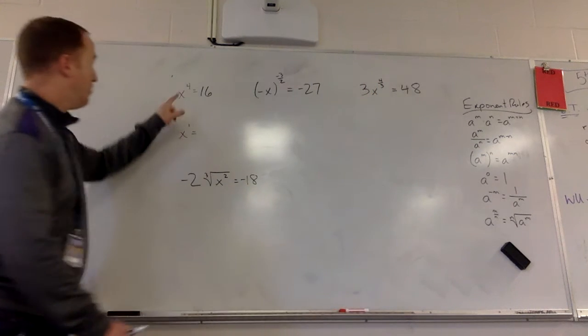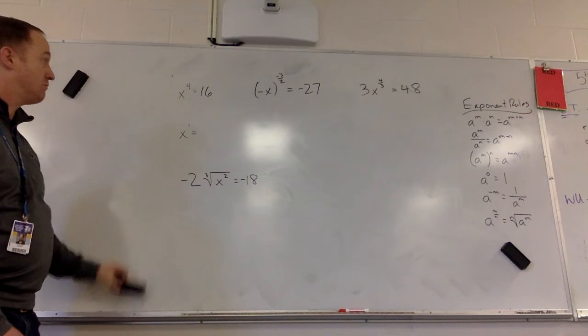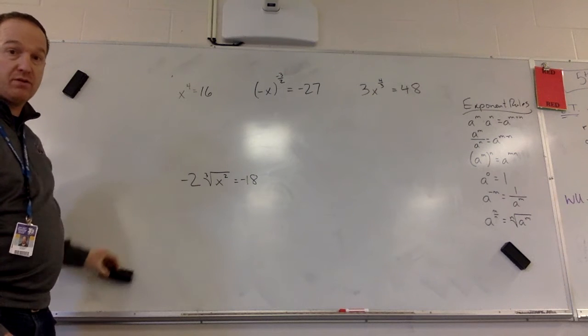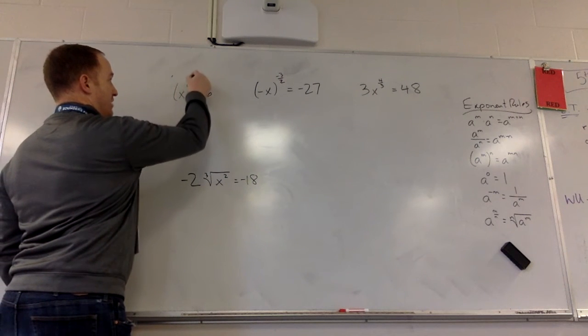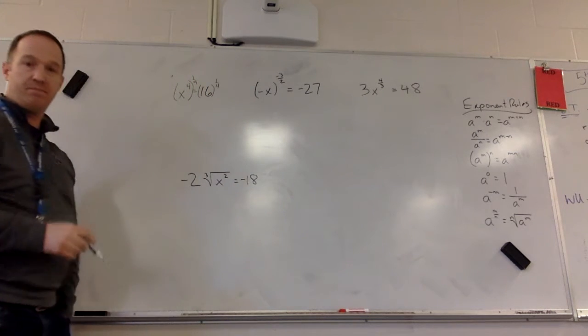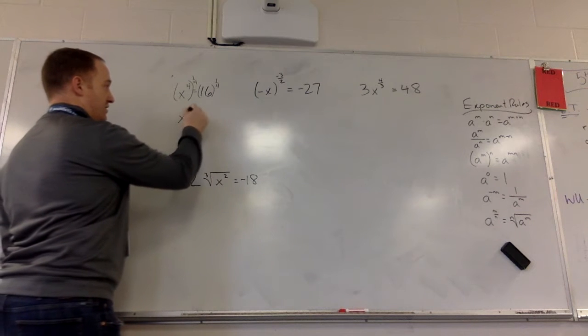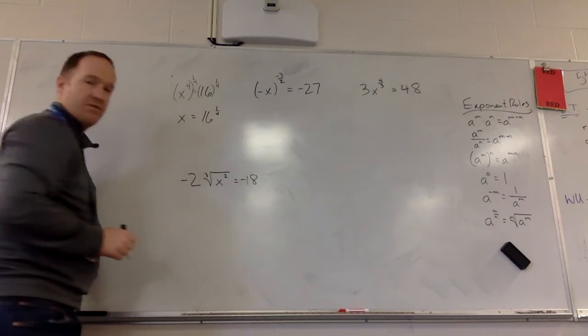So what can you multiply 4 by in order to get 1? Well, it'd be 1/4. So you could take both sides of the equation to the 1/4 power. That'll give us x equals 16 to the 1/4.